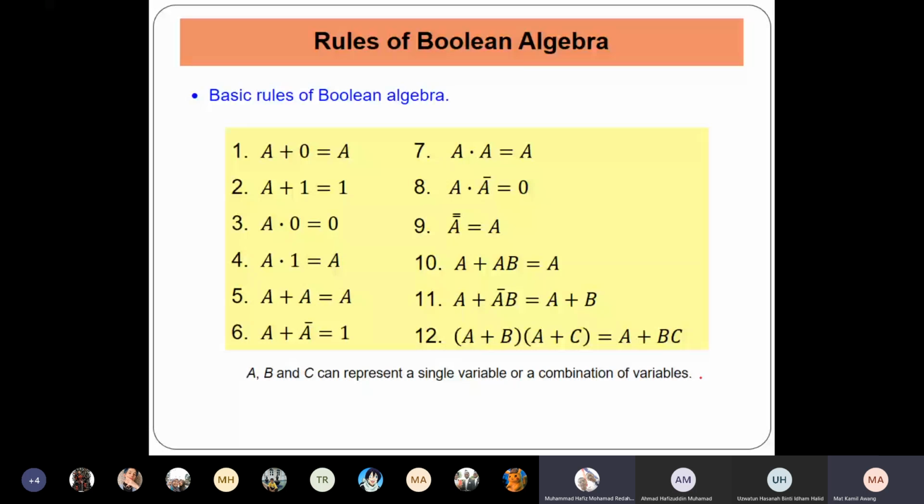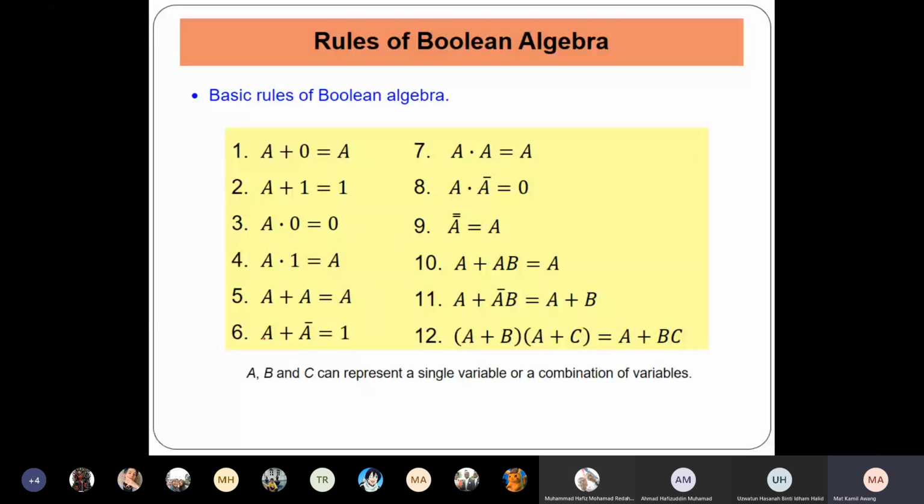So let's say A is 0. You OR with A bar. If A is 0, what is A bar? A bar is 1, right? So 0 OR with a 1 becomes 1.